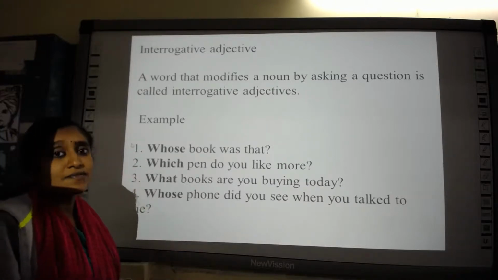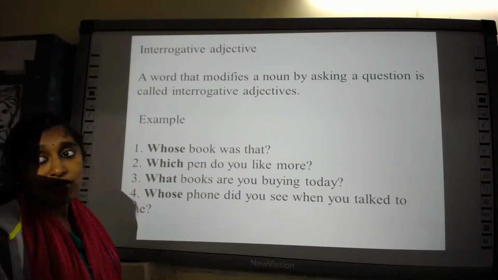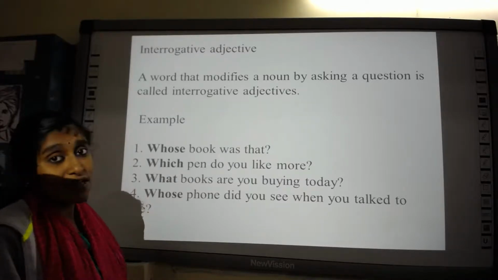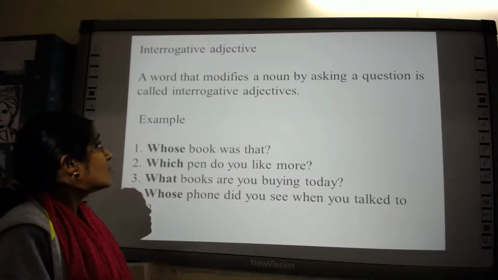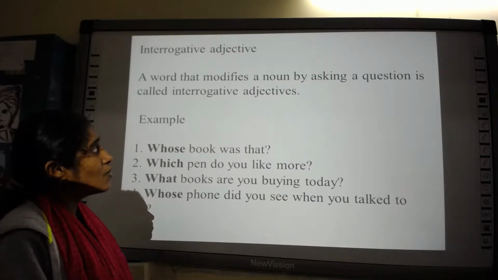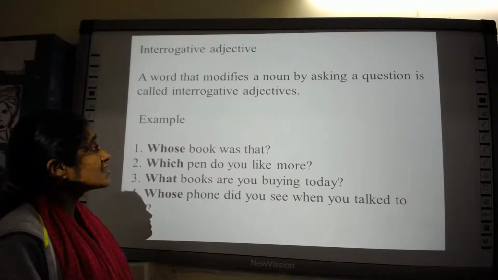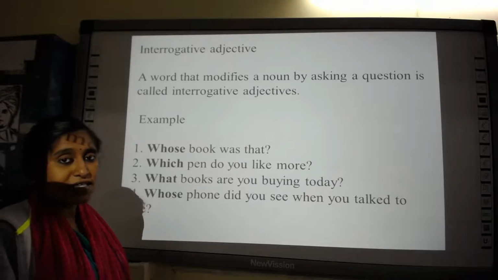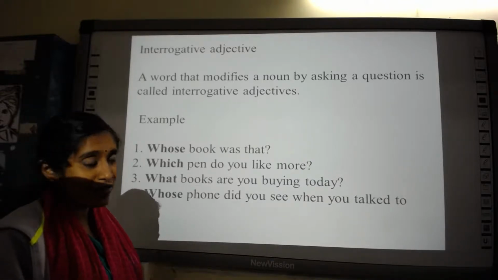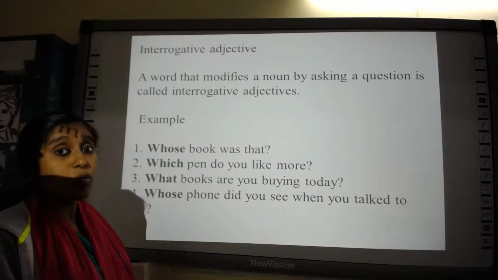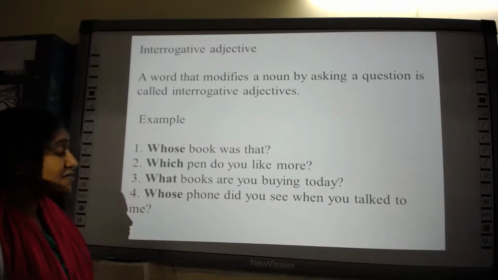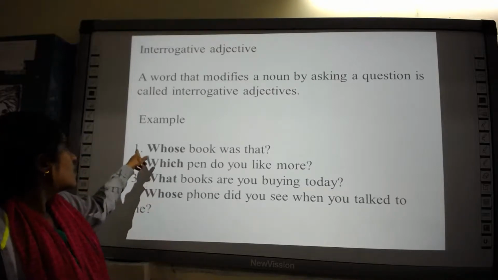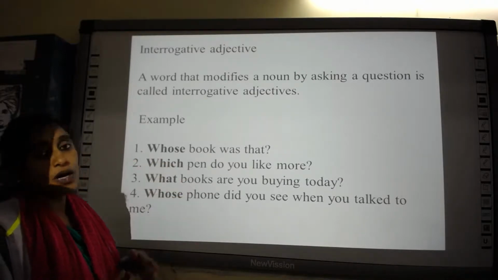Next one is interrogative adjectives. An interrogative adjective is a word that modifies a noun by asking a question. Asking a question is called interrogative; the very word means asking questions. So what are the various question words that are used? For example, whose book was that?